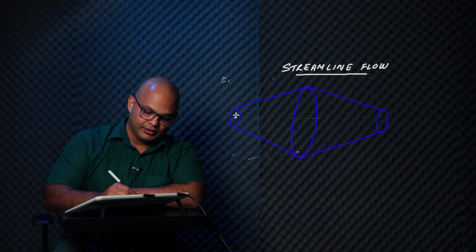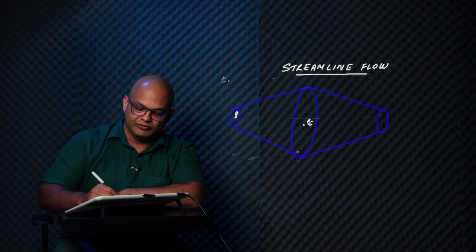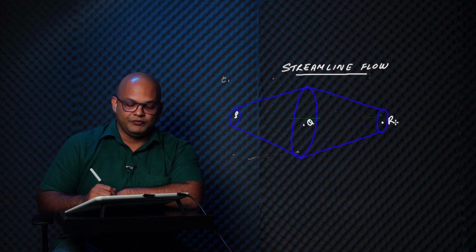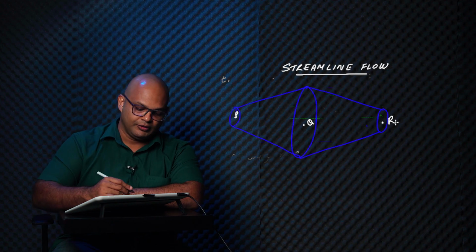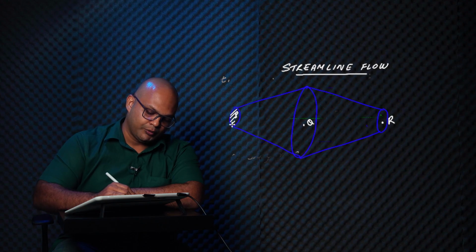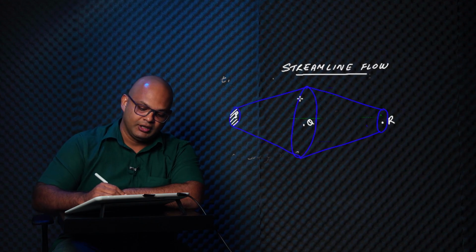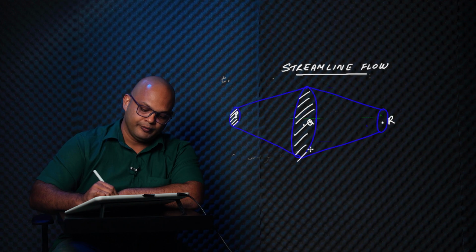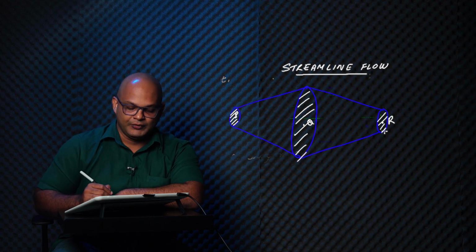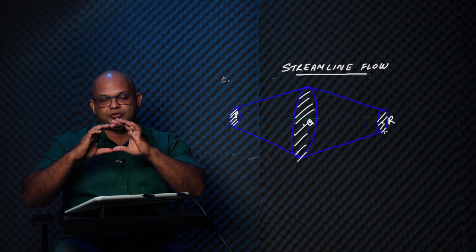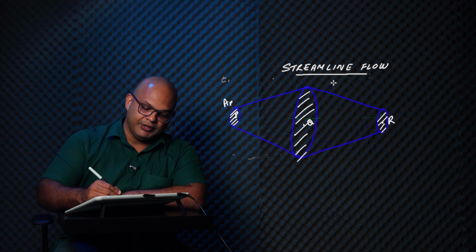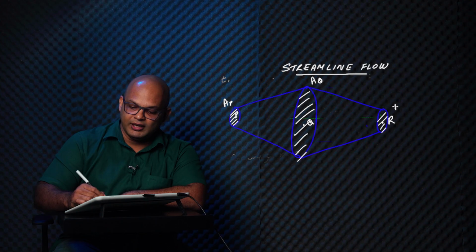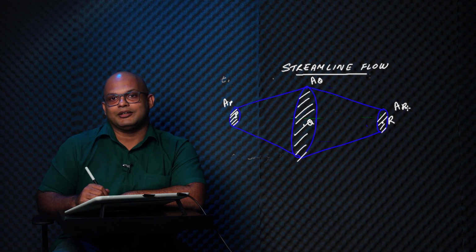Here we have point P, here we have point Q, and here we have point R. We can also associate a cross-sectional area with each of these points. So I can say that this point P is associated with a cross-section, so is point Q, and so is point R. So this cross-sectional area, the cross-section of the pipe through which the water is flowing, let's call this A subscript P, here it is A subscript Q, and here it is A subscript R.